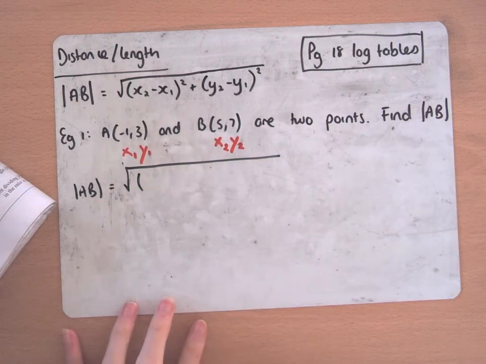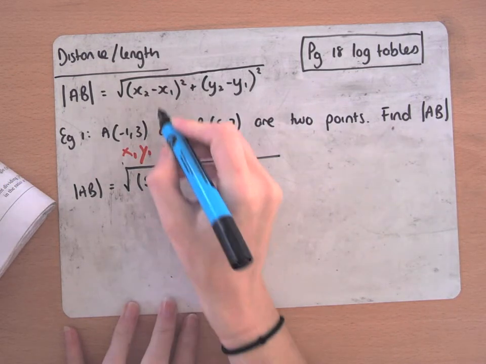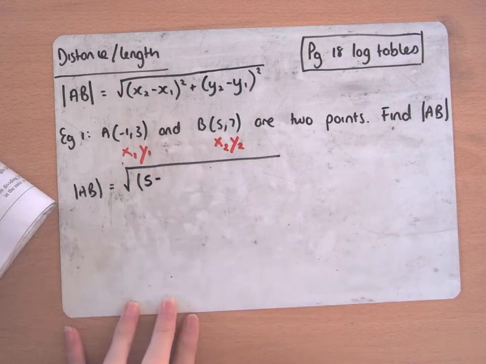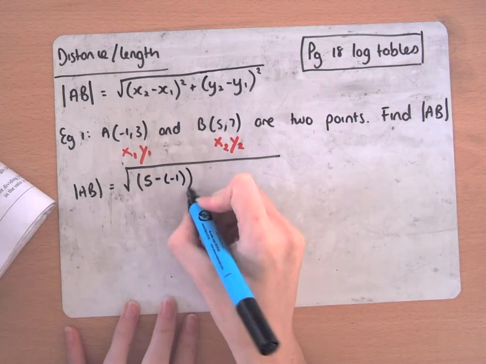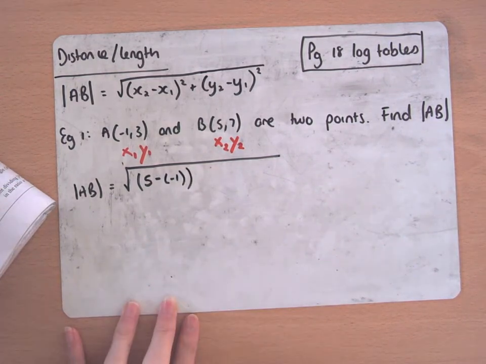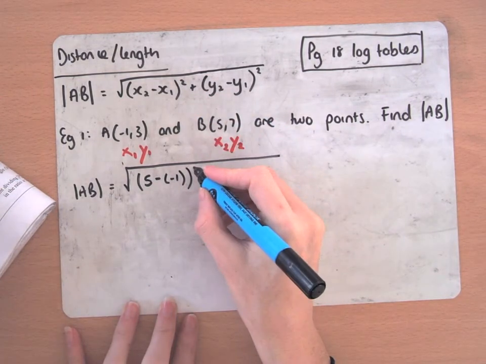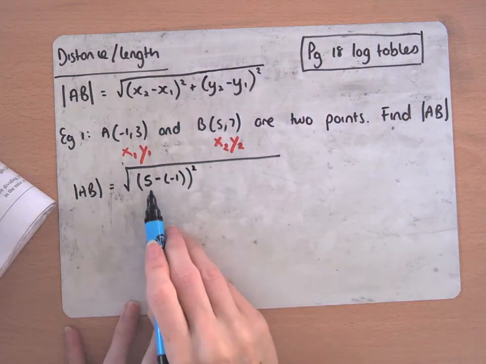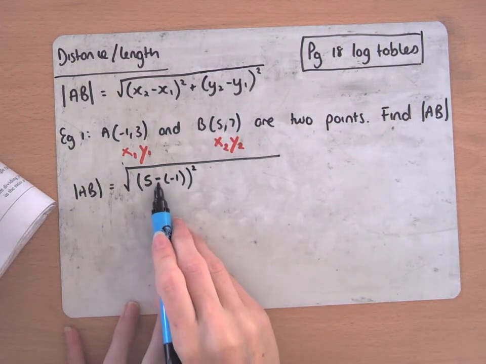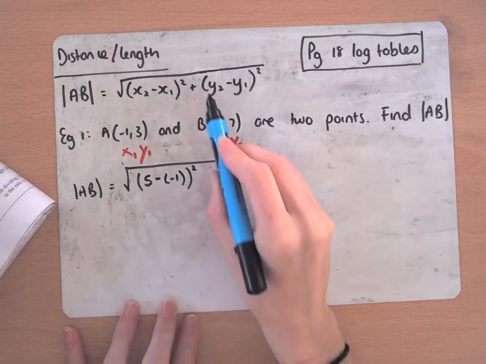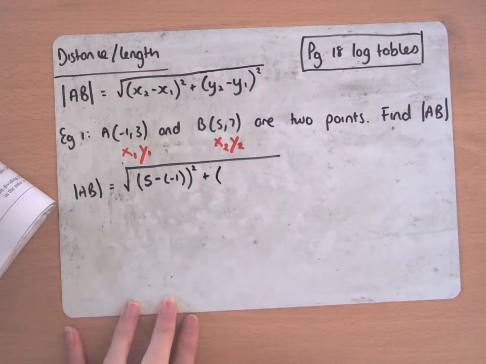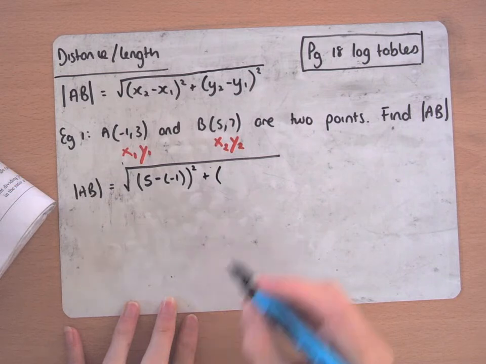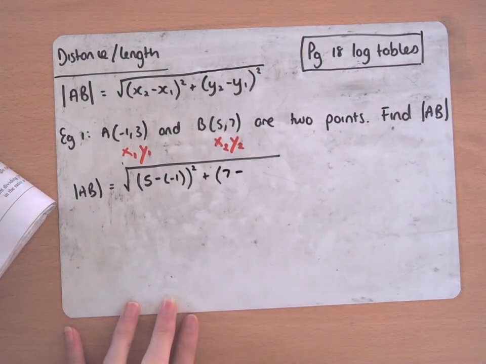What's my answer for x2? 5. Then it tells me put in a minus. Answer for x1? -1. I just put a little bracket there to keep it neat. And my formula tells me to square it. So x2 minus x1 to be squared plus, open another bracket. What's y2? Minus y1.